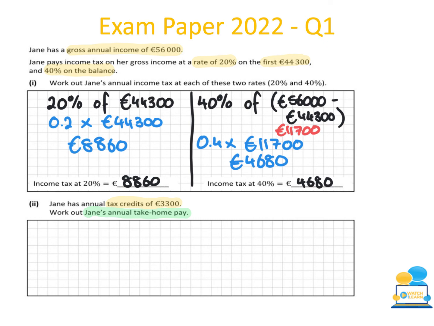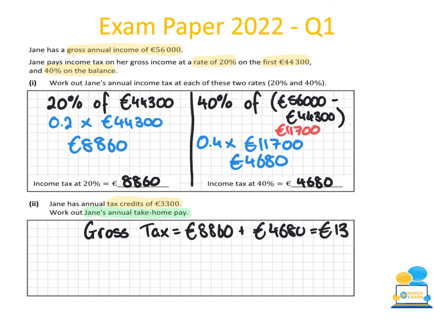I know from the previous part that she pays income tax at 20%, and that is 8,860, and income tax at 40%, which is 4,680. So from both of those answers, I can find out what her gross tax is. The amount of tax she has to pay before her tax credits kicked in. That will be 8,860 plus 4,680. So our gross tax works out to be 13,540.